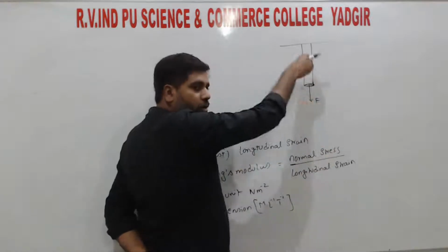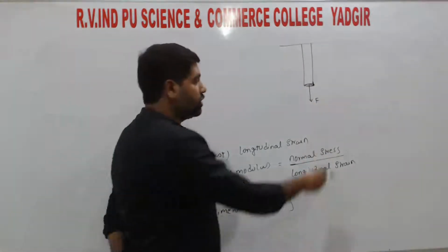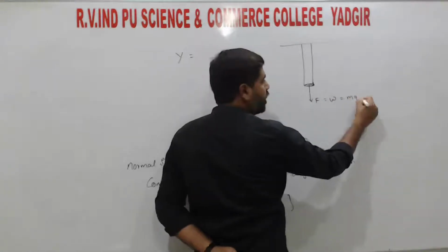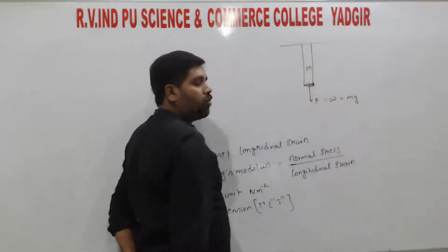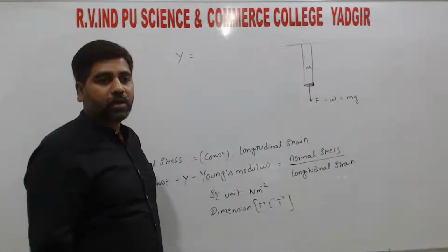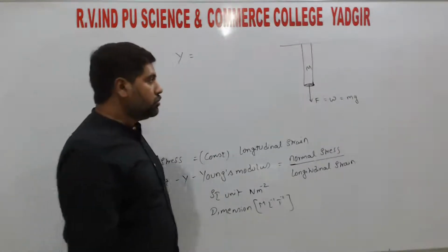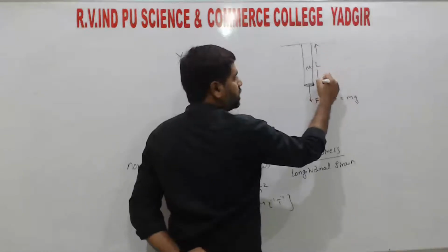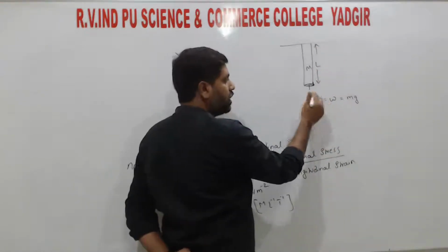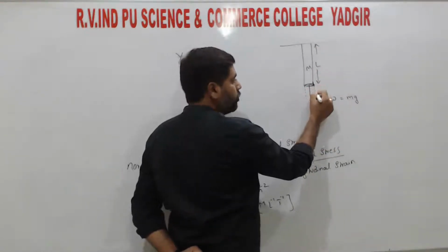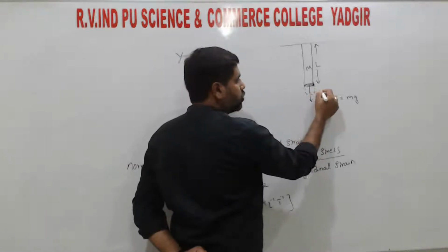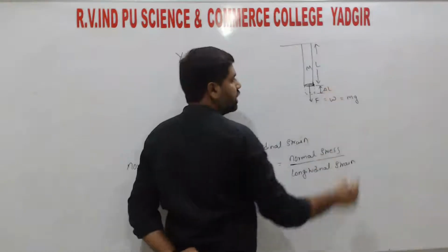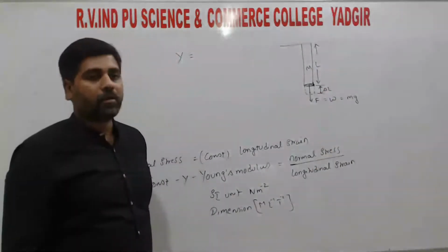That force equals the weight, mg, where m is the mass of the wire or rod. If L is the initial length, after applying the deforming force we get the longitudinal strain, and the change in length is delta L, right?